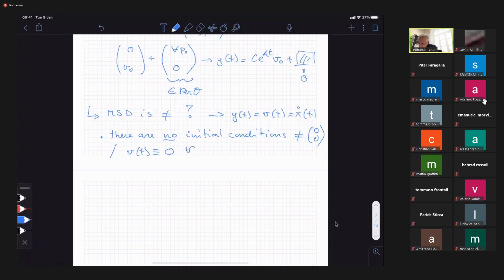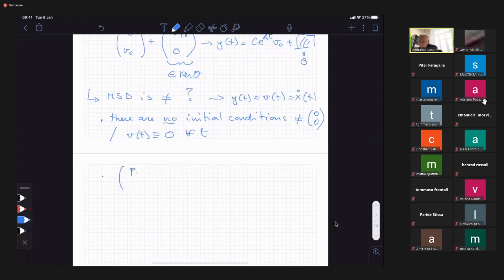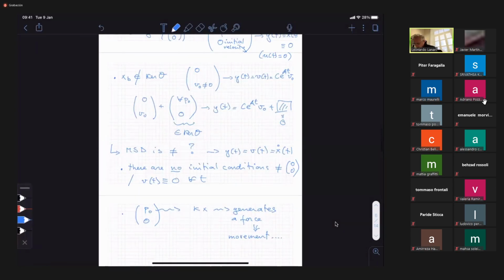And this is obvious because if I have an initial position p0, even if I start from zero initial velocity, this initial position, due to the term kx, would generate a force, and therefore it generates a movement, etc. More details than this, I think, is quite difficult.